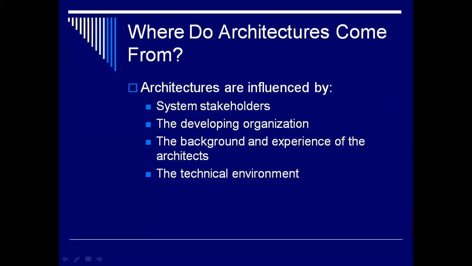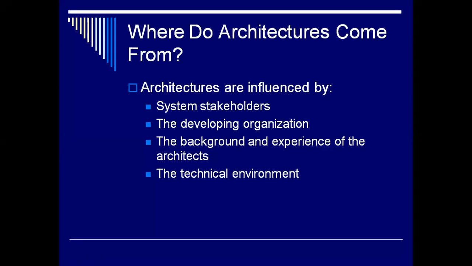Okay. The architecture phenomenon, where it comes from. As we know, suppose any system is built for a particular user or for a particular organization. So architecture is influenced by system stakeholders. System stakeholders is the first phenomenon.